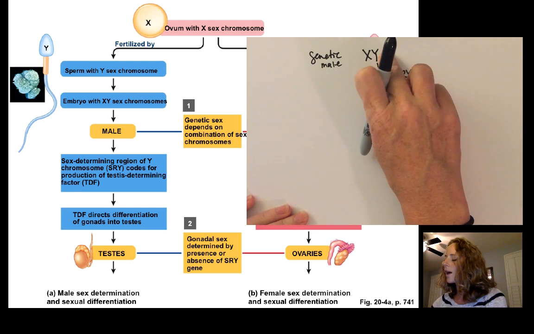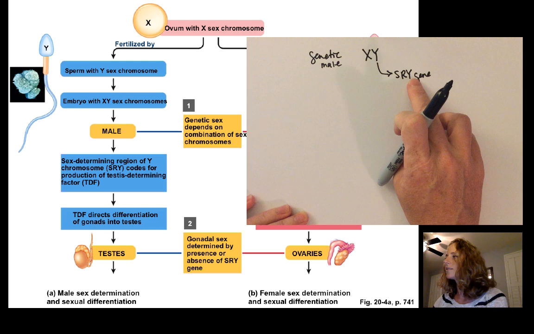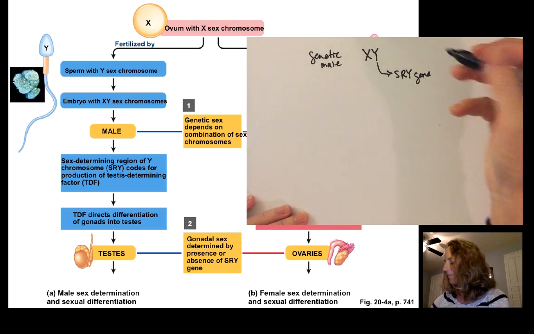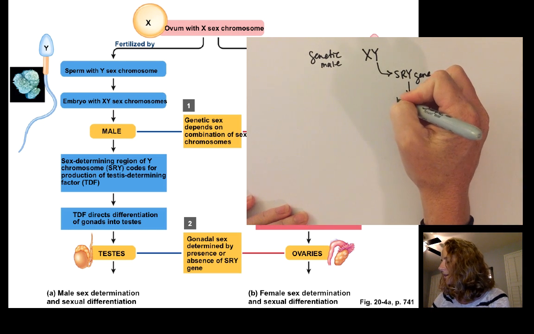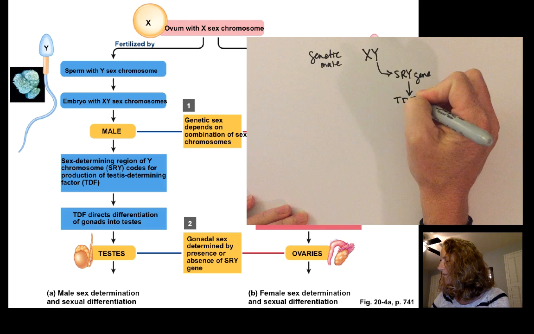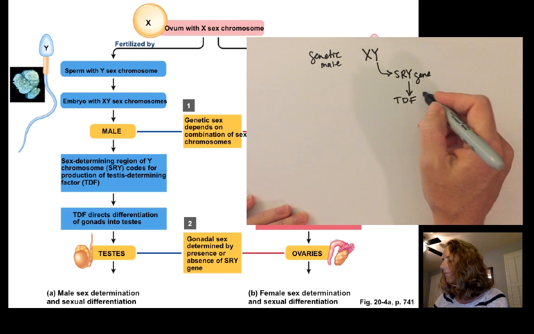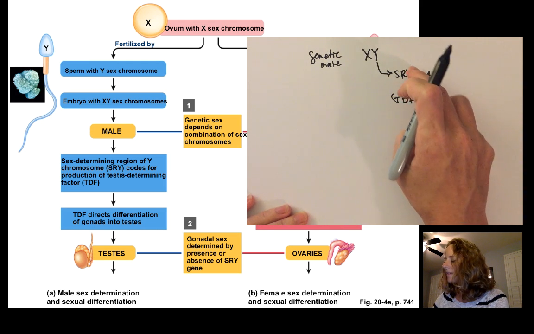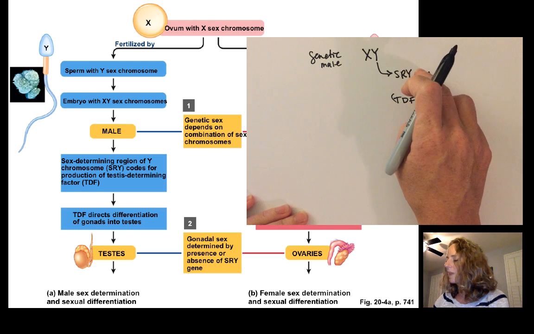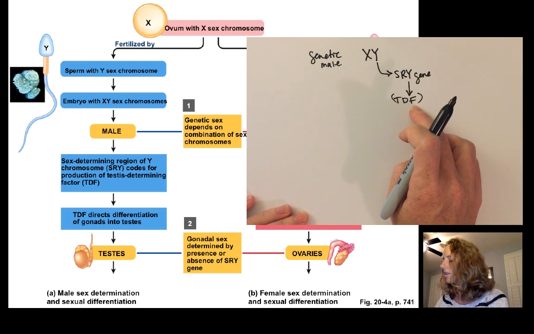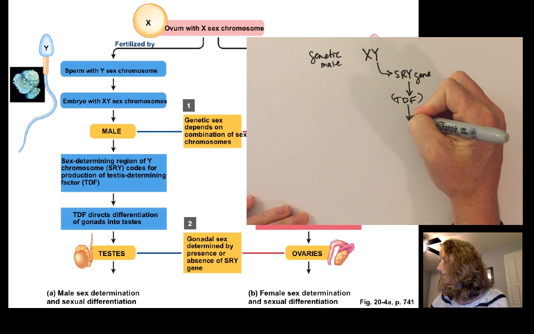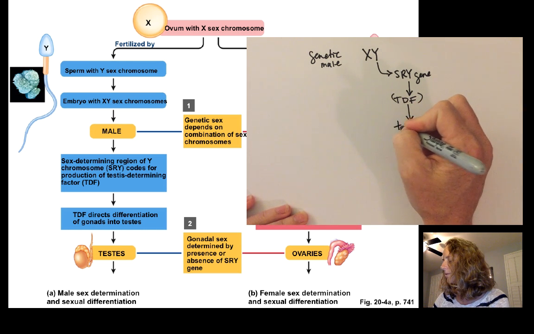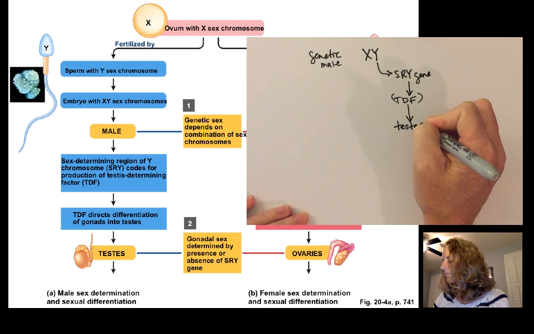If for some reason the Y chromosome SRY gene is not there, or it's mutated, or it's not functioning properly, then the SRY gene has to produce testes determining factor, or TDF. That's another place it can go wrong, so it may not actually be functionally producing testes determining factor. If that works, then testes determining factor will produce testes.